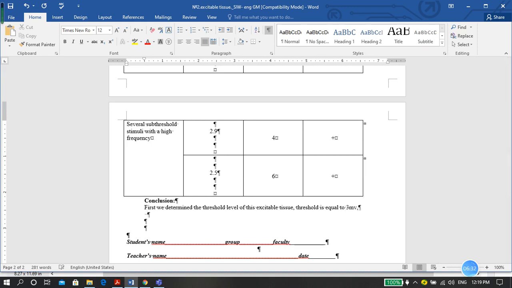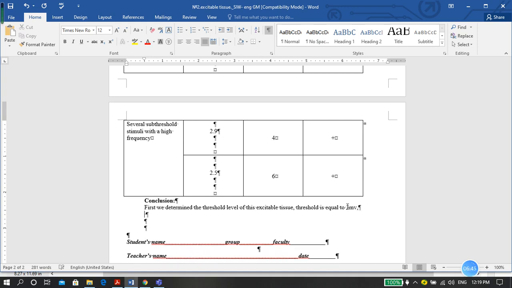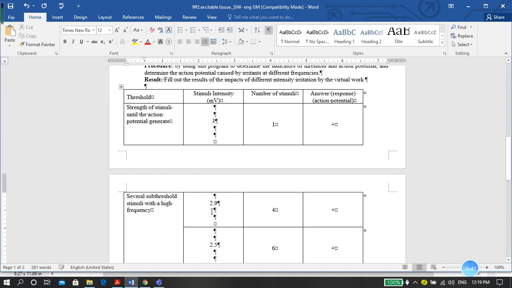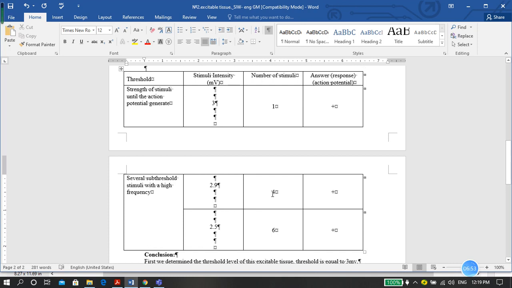So it means stimuli which are below this level will not generate an action potential in this tissue. But sometimes we can get an action potential even if the strength of stimuli is below the threshold level. How? We increase the frequency of stimuli.